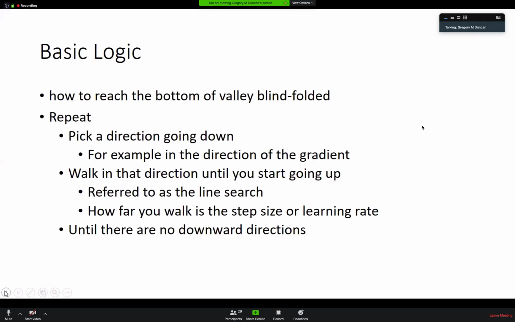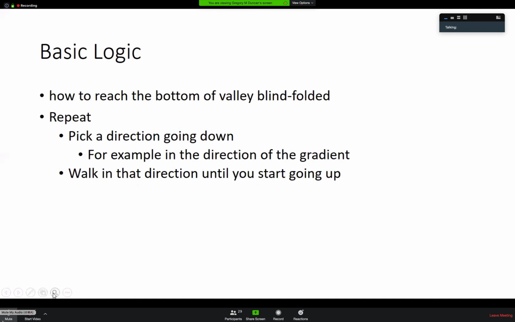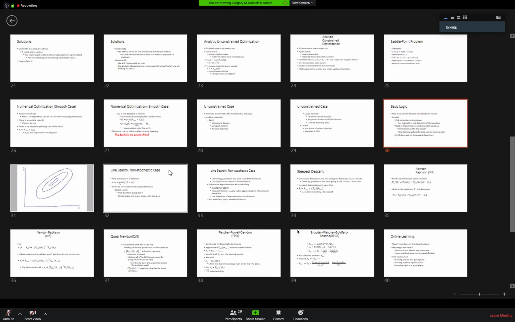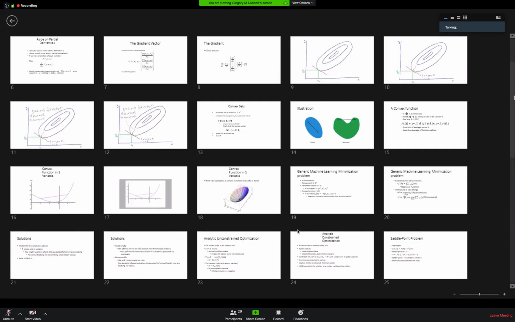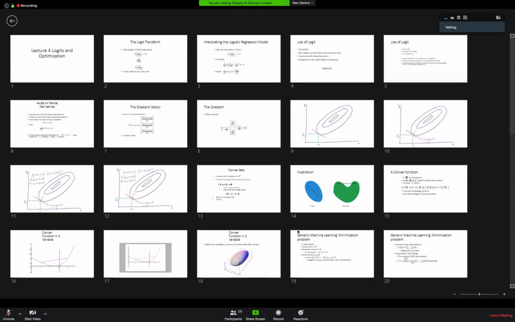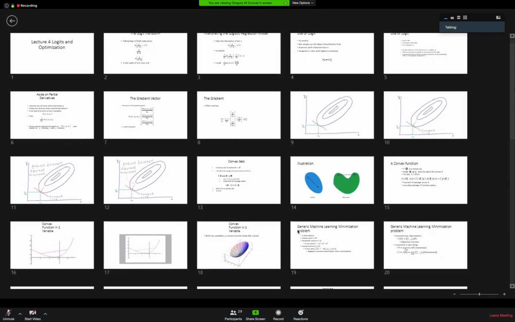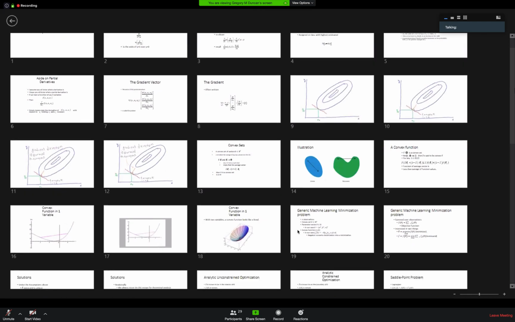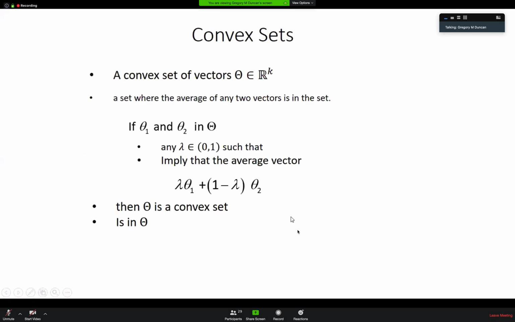Let's go even further back than that. So convex sets, okay?